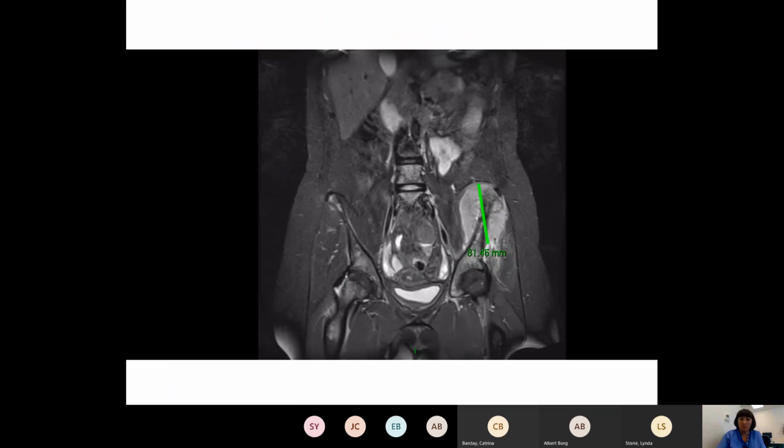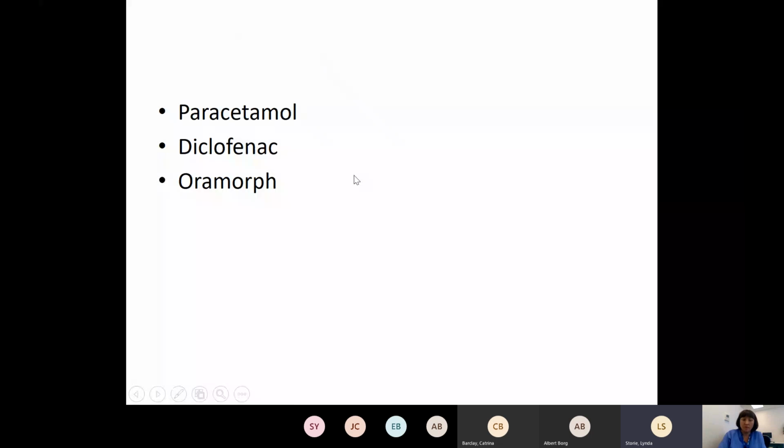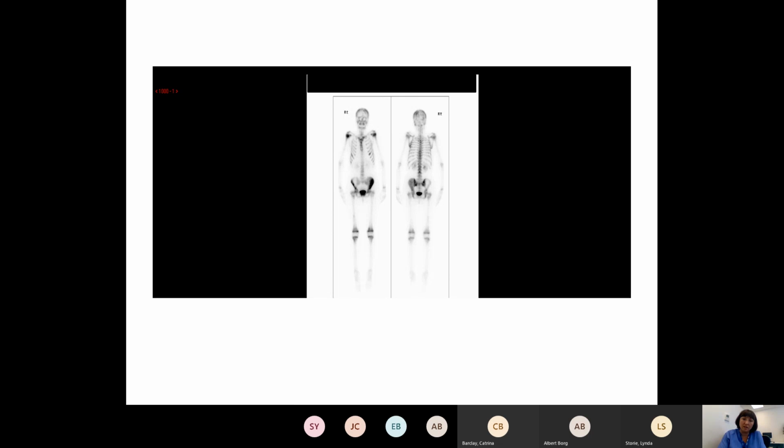So she ended up being scanned, and she had this pelvic mass, and this was her bone scan, and all the black areas here are showing widespread skeletal metastases throughout her skeleton, including her skull, her long bones, her ribs, etc. So she ended up on diclofenac and Oromorph while we were preparing her for starting treatment and awaiting the biopsy result.